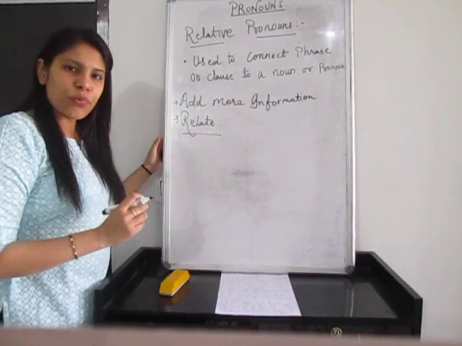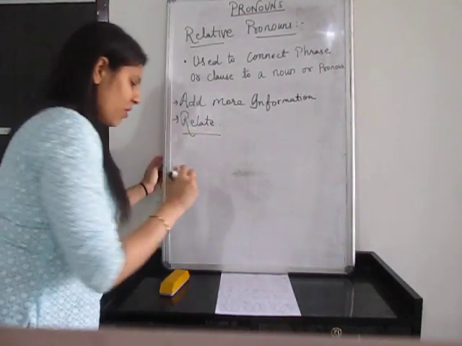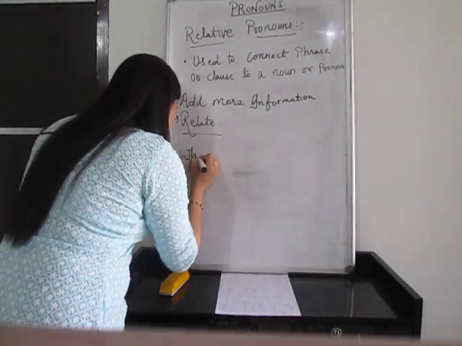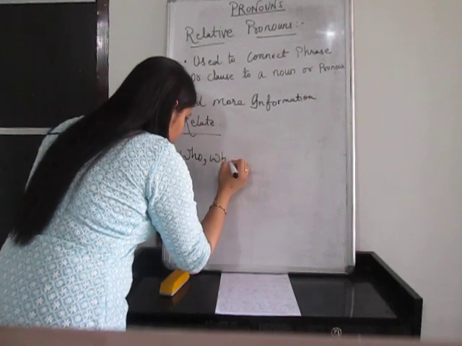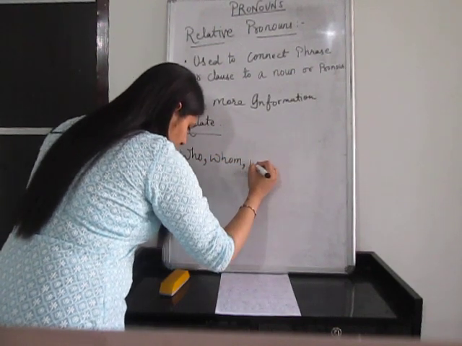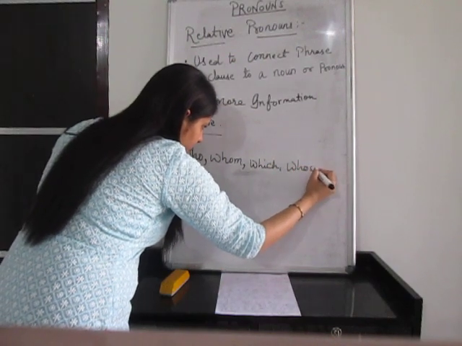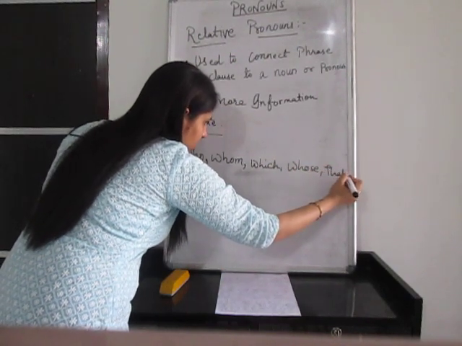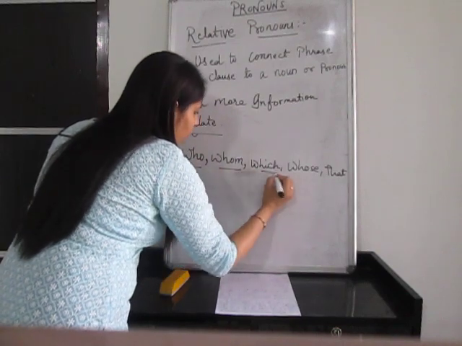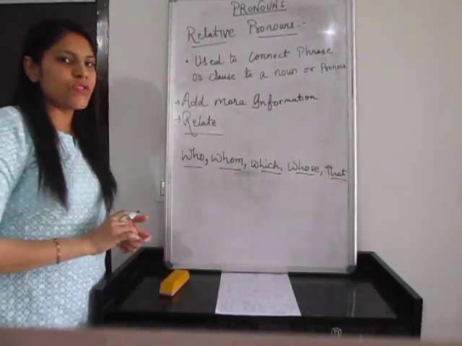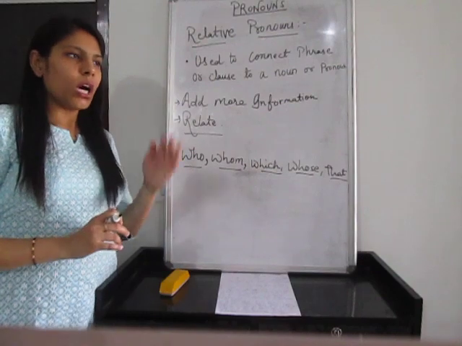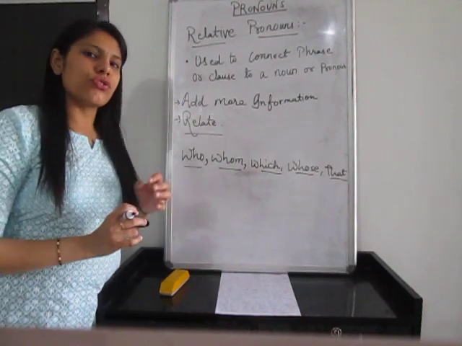In relative pronouns we have 5 types. Those are who, whom, which, whose, and that. These 5 are relative pronouns which we use to connect a phrase or clause to a noun or pronoun.